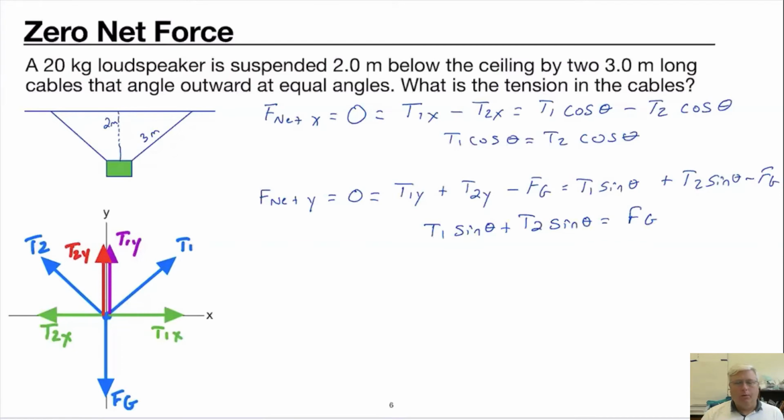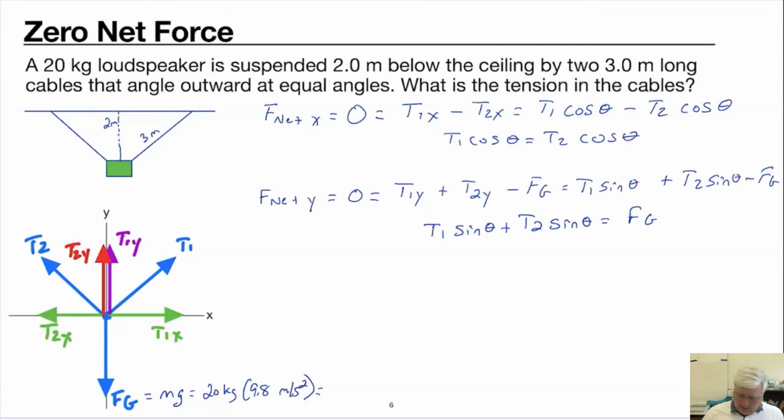So what do we know? What can we figure out? Well, we know that the mass is 20 kilograms. So that means for the force of gravity, we can actually figure that out. That's mass times gravity, so 20 kilograms times 9.8 meters per second squared.